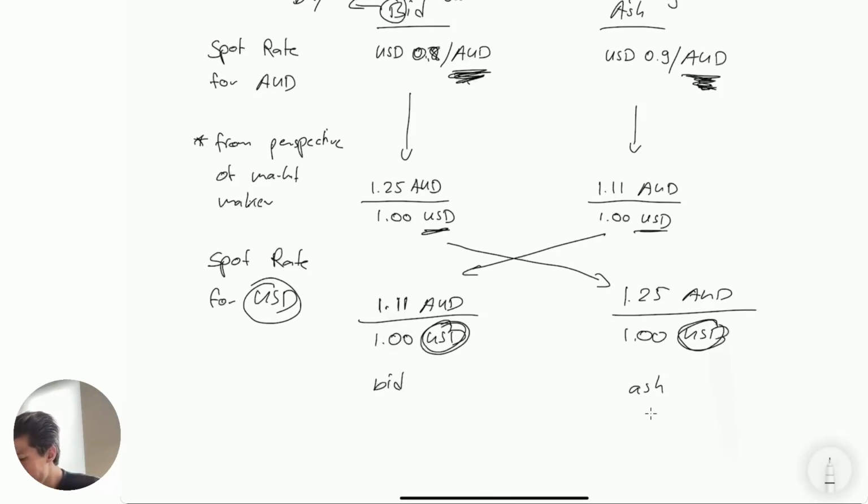If they want to sell US dollars, they would request 1.25 Australian dollars. The difference between those rates, here it's 0.1, here it's 0.14, is called the bid-ask spread, and this is basically the commission the market maker receives for providing liquidity at all times.